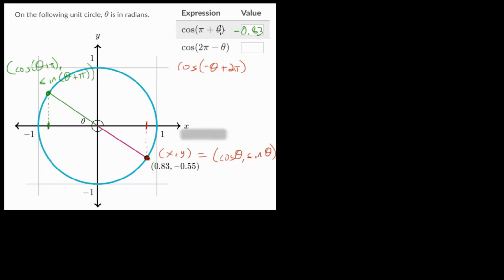If we add pi radians to the cosine function, we get back the opposite value, meaning that this expression here is simply equal to the negative of the cosine of the angle.